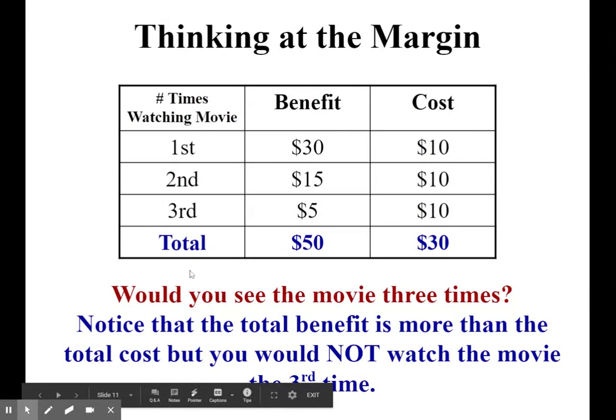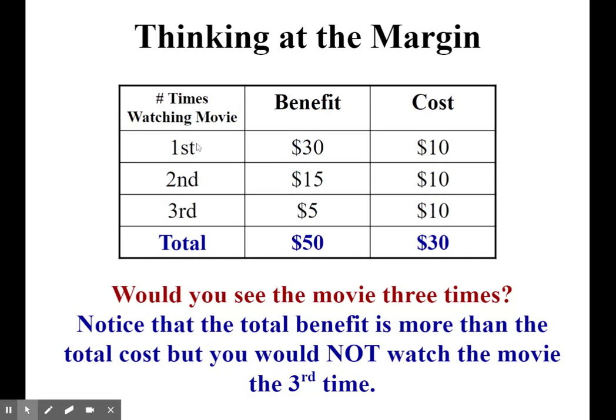So in this scenario, I want to go see a movie. And the first time that I watched the movie, I would have gladly paid $30 to see that movie. Luckily for me, it only cost me $10, which is awesome. So assigning a quantitative measurement to benefit is really important to our understanding of economics.